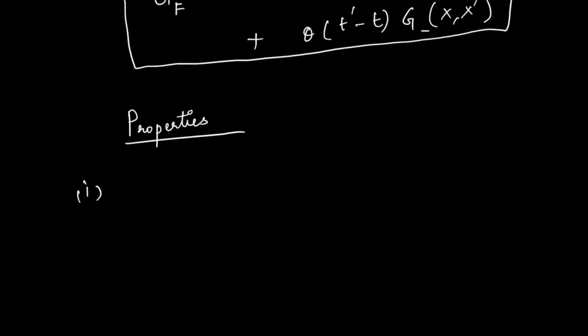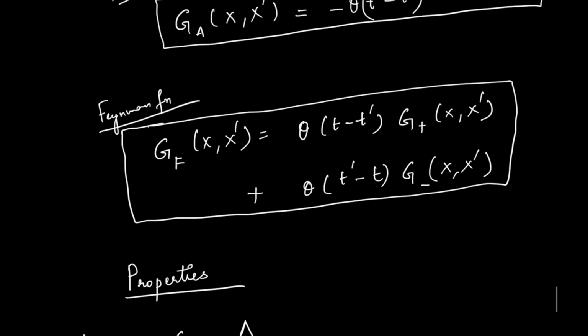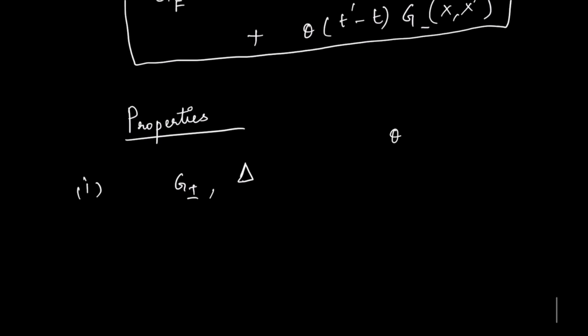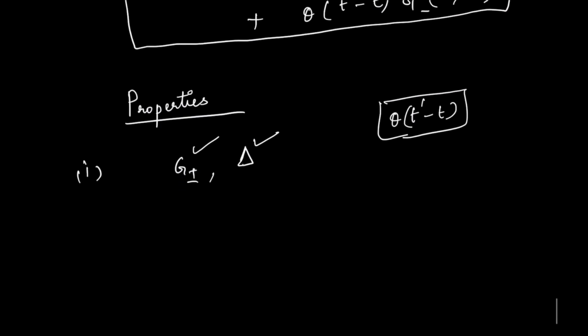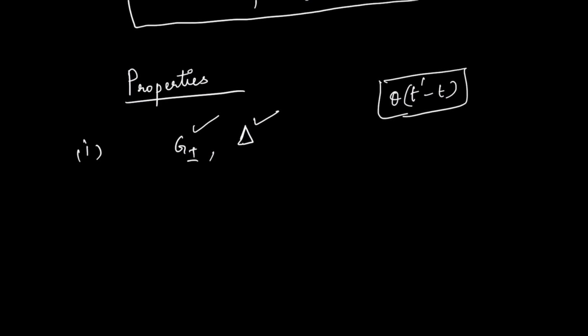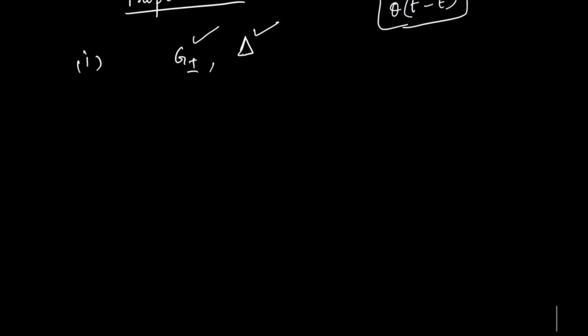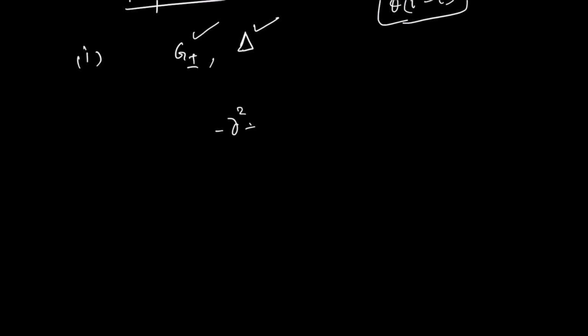The propagators G plus, G minus and delta satisfy the same equation of motion as the classical equation for phi. Okay, so this is only for G plus, G minus and the delta function, because they do not involve this term theta of t minus t prime. Therefore they satisfy the same equation of motion as that of the classical equation for the field phi, that is minus del square plus m square, phi is equal to 0.